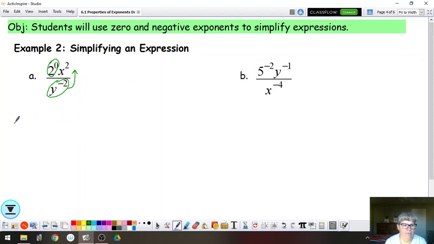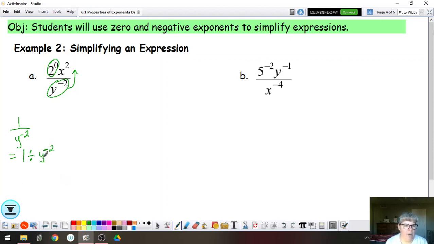If I have an expression like 1 over y to the negative 2, that's the same thing as saying 1 divided by y to the negative 2.